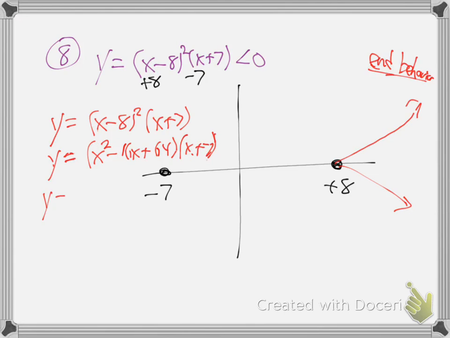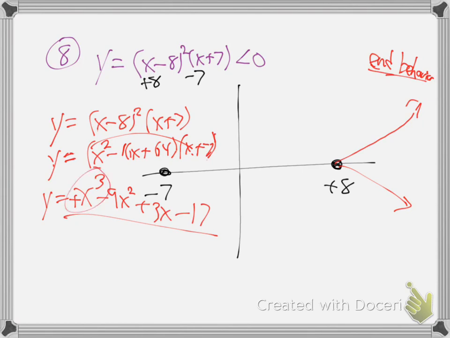Anyway, I would get positive x cubed in the front, and then less powerful terms, something like minus 9x squared plus, I'm just going to make it up. Does everybody see that? So the most powerful term would be positive x cubed. That's what will tell you the end behavior.